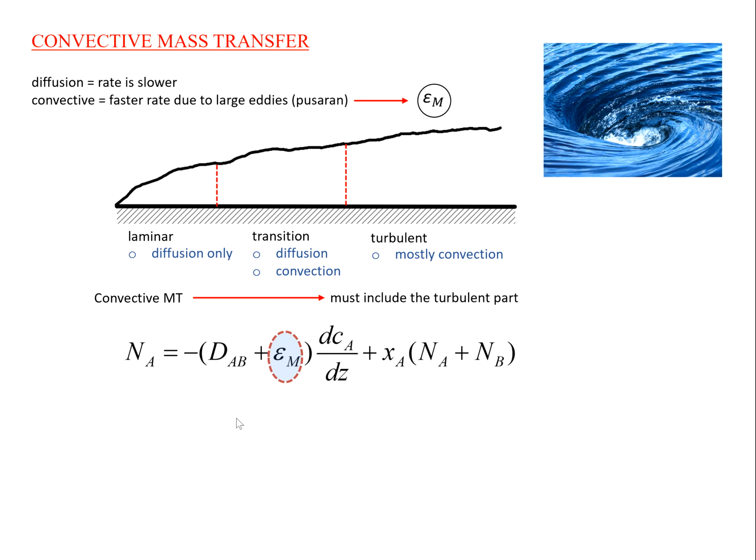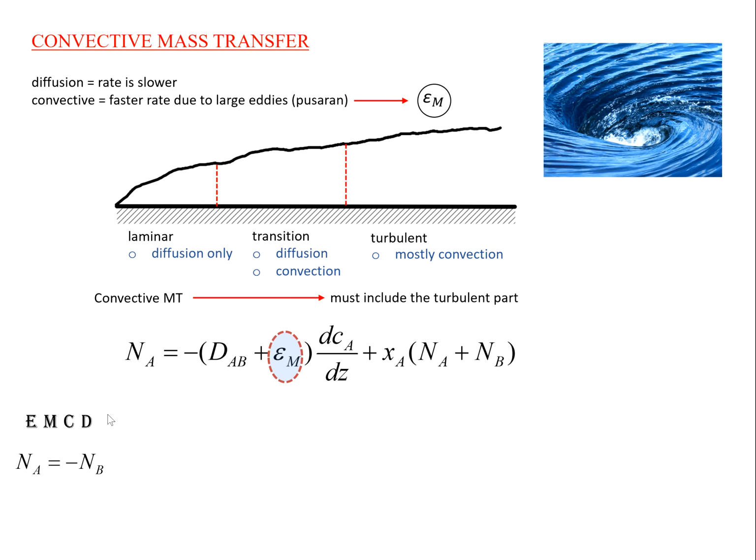Let us consider the general equation. All of these general equations are familiar to you, right? Except that I have introduced a new term, εm, that represents the eddies. I introduced this term for the first component of the equation. If you still remember, for the equation, we have the first term and the second term.